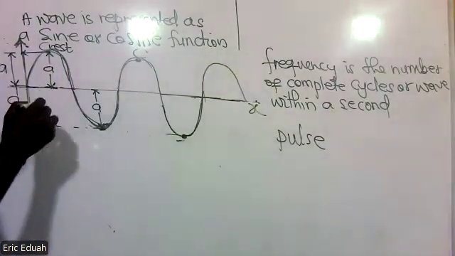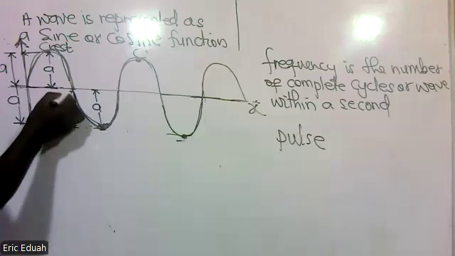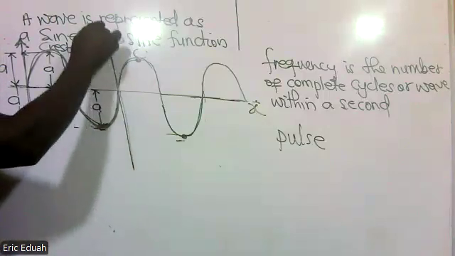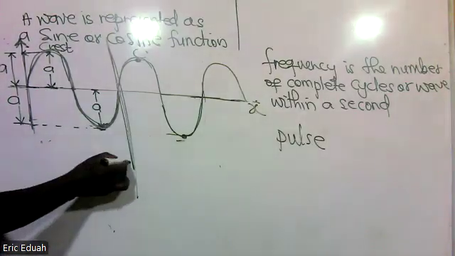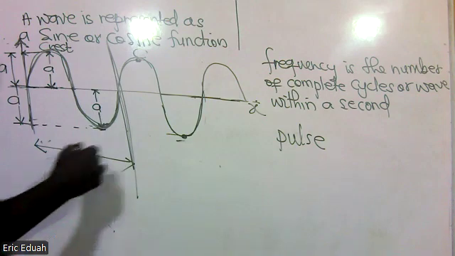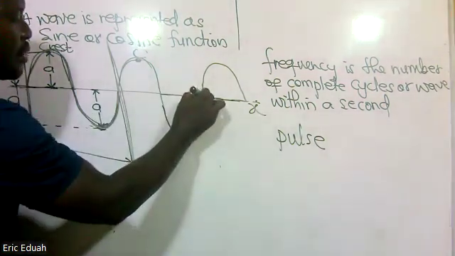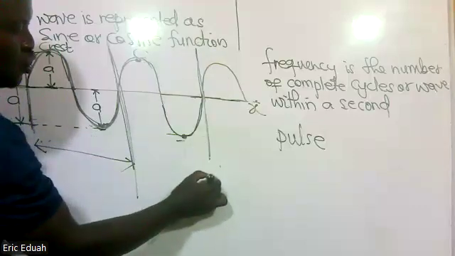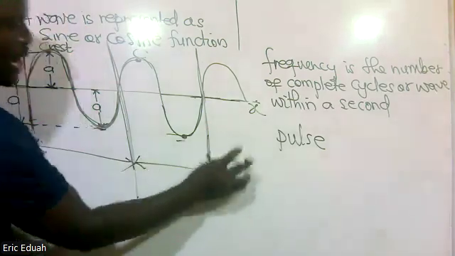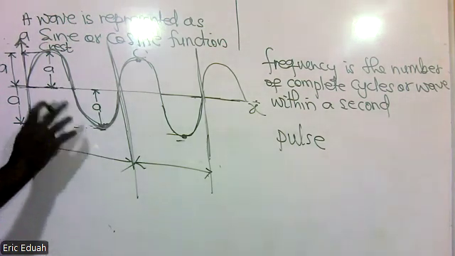A complete wave has one upward pulse and then one downward pulse. So this length constitutes a complete wave. So if I'm to count the number of complete waves I have here, I have 1, 2, 2.5. This is another complete wave. So I have 2.5. So this is one way of identifying a complete wave.